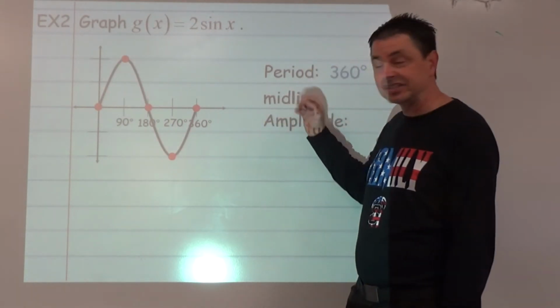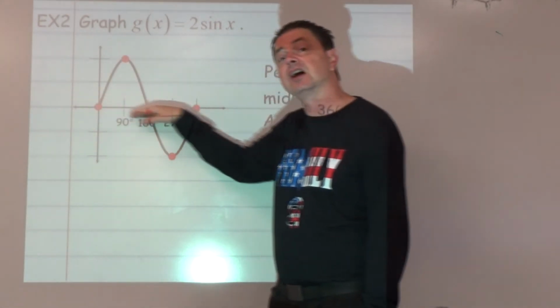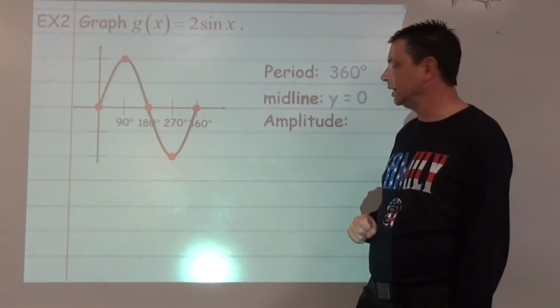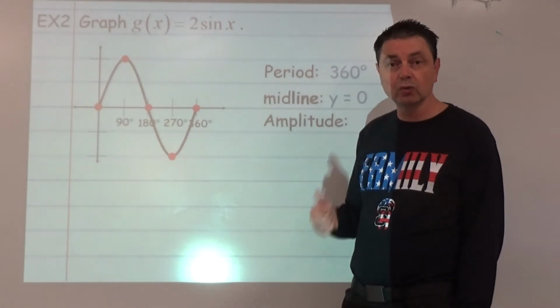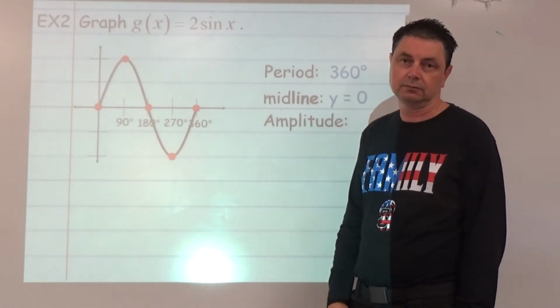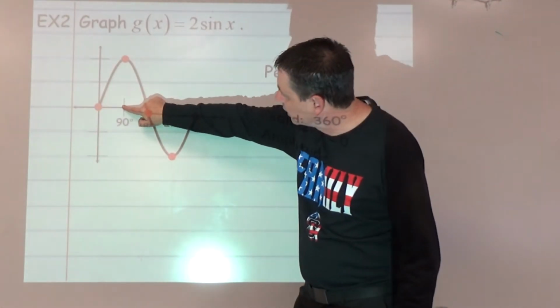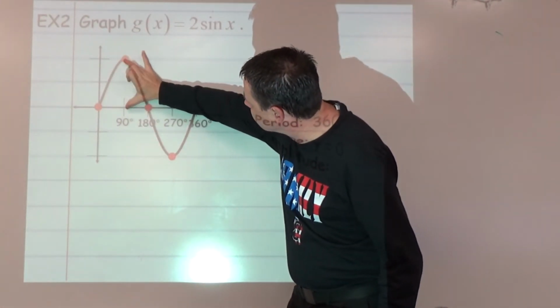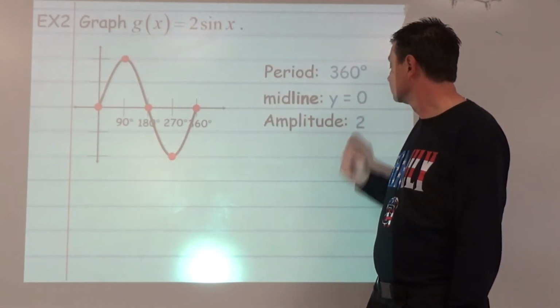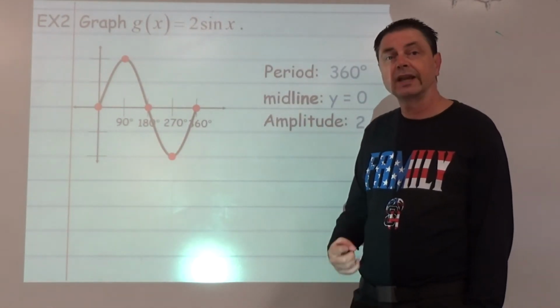The midline is still the x-axis, cutting us in half, so y equals 0 for the midline. Amplitude: what's the distance from the midline to the highest point? That distance is now 2. Amplitude is 2.